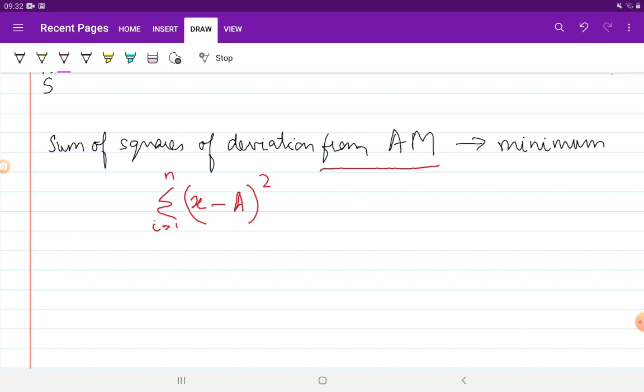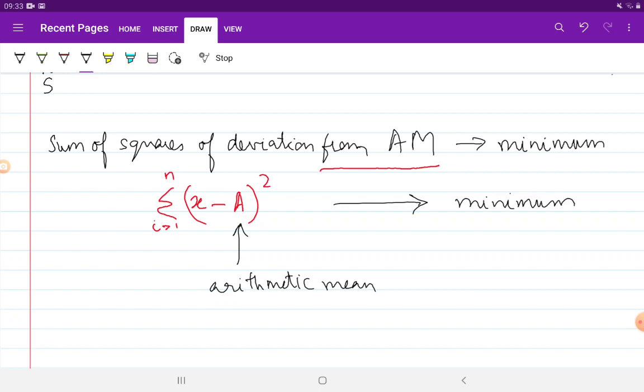Now, if this A is arithmetic mean, technically you can use any number and calculate deviations from that value. But if this particular number A is your arithmetic mean, then the sum of squared deviations will be minimum.